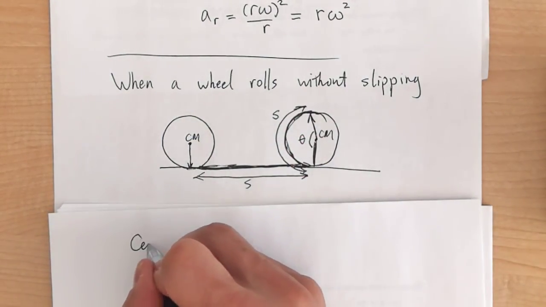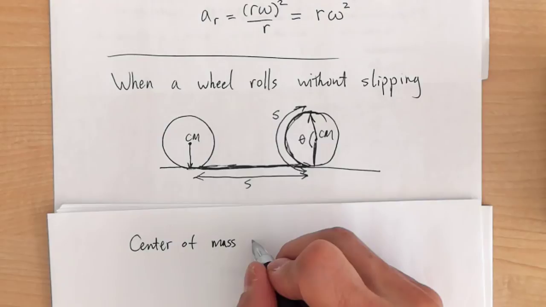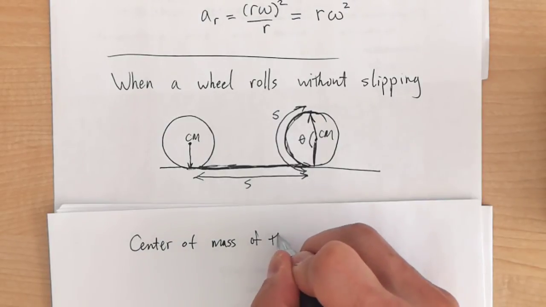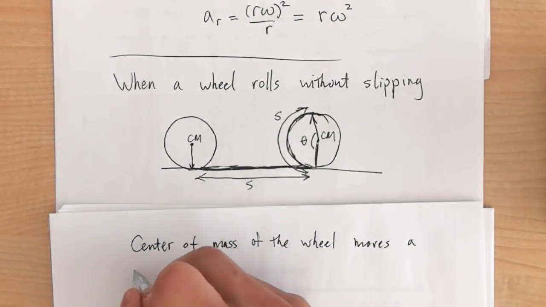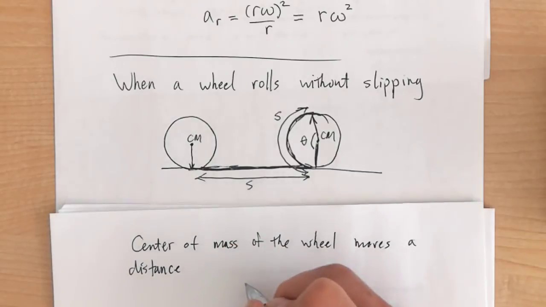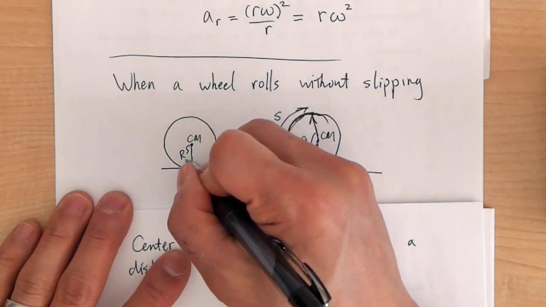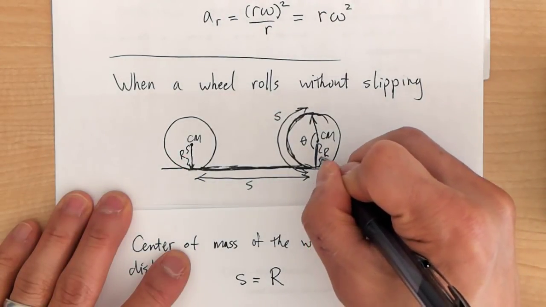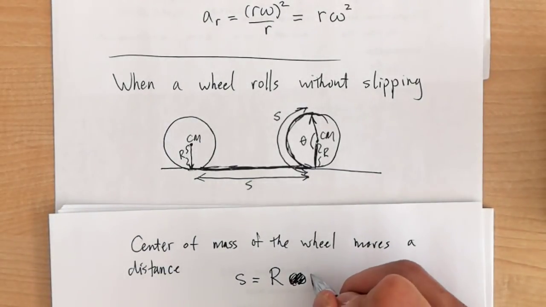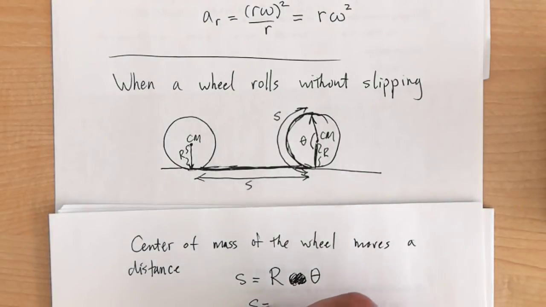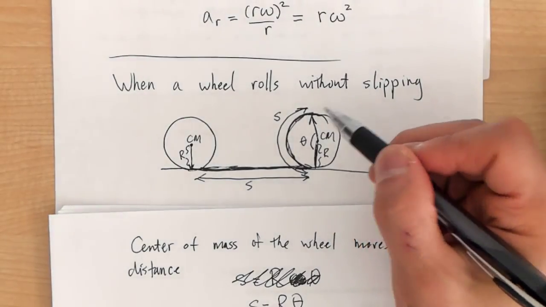So the center of mass of the wheel, or just the center of the wheel if you like, moves a distance of s, which is equal to the radius, let's say capital R, times the angle theta. Let me write it again. S is equal to r times the angle theta.